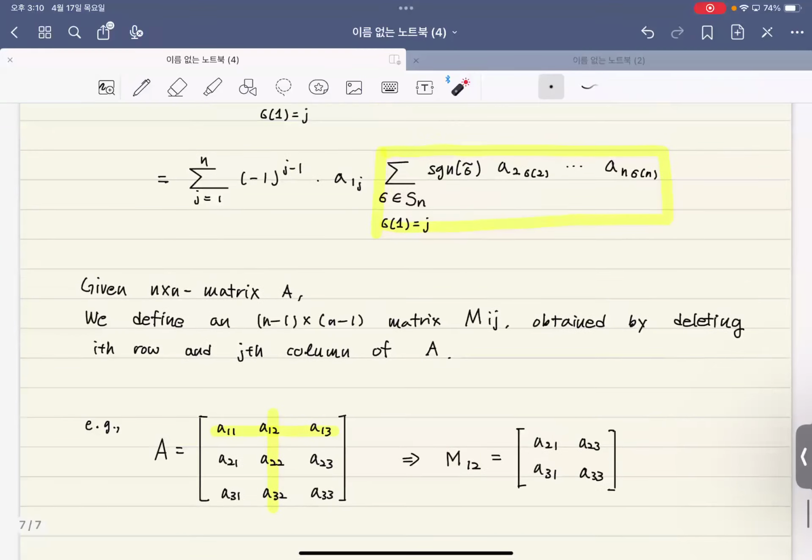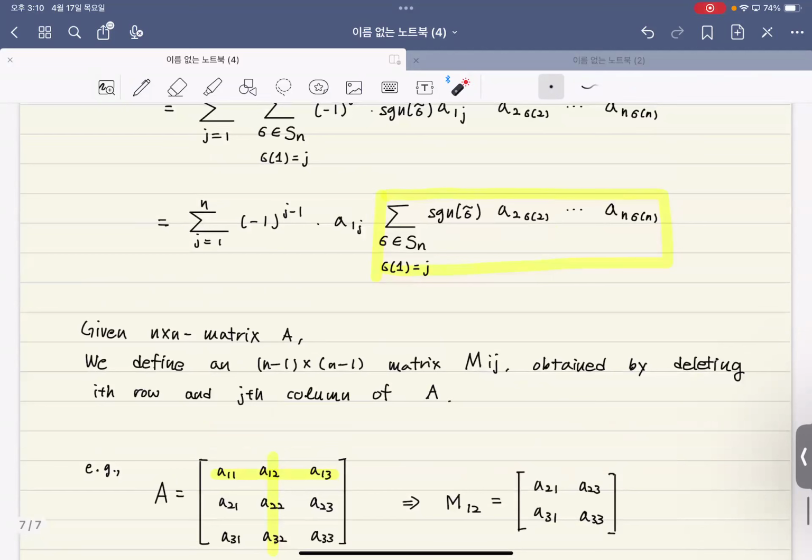Okay. Why am I introducing this notion? Because whenever you look at these numbers, there are two indices at the bottom of each of them, and the first index is never 1. It always starts from 2.